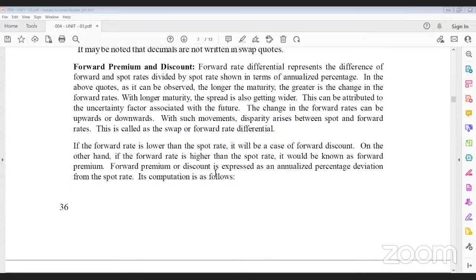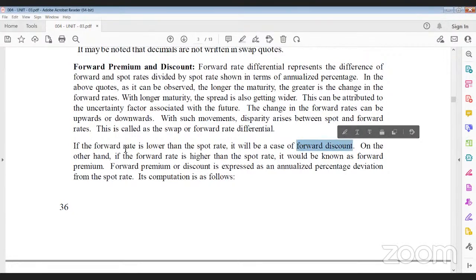Now if the forward rate is lower than the spot rate, it will be a case of forward discount. Try to understand: if your future rate is lower than the present rate, then we call it a forward discount.